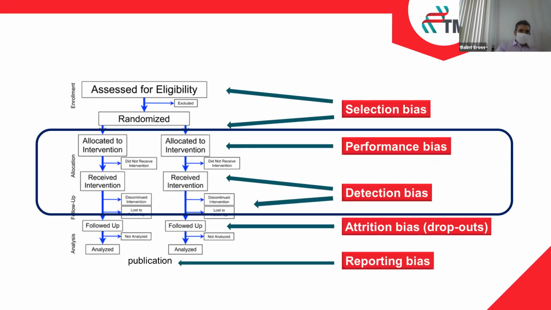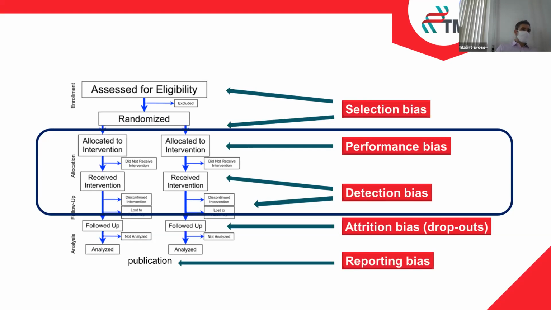If you want to maintain the advantage of randomization throughout the study, then you have to blind your participants and investigators. And with that, you can reduce performance bias and detection bias. If you don't know what your patient is getting, you will not make a difference in their care.